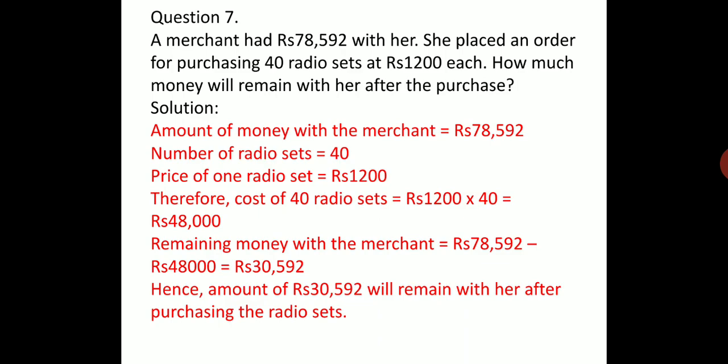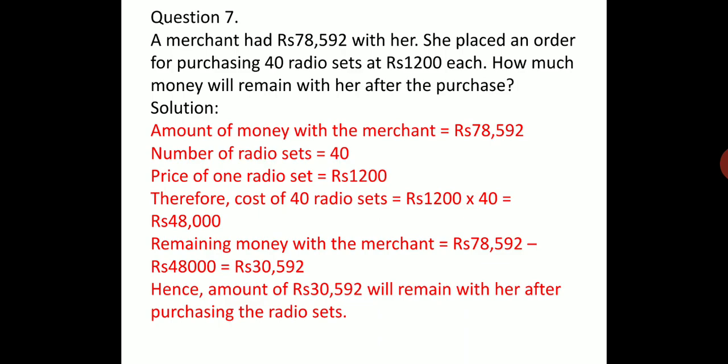Therefore, the cost of 40 radio sets equals rupees 1,200 multiplied by 40 equals 48,000. Now remaining money with the merchant equals 78,592 minus 48,000. The answer comes 30,592 rupees. Hence the amount remaining is this much.